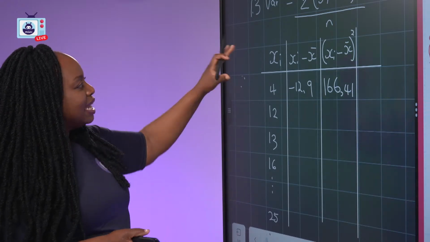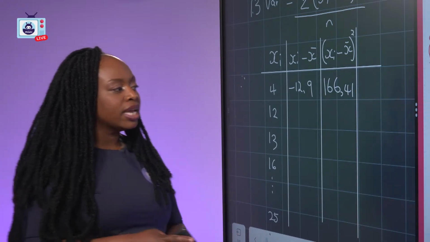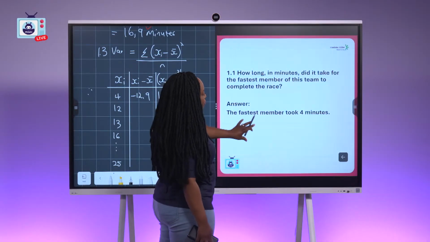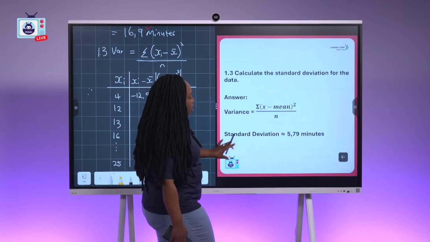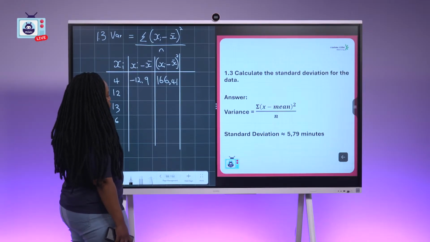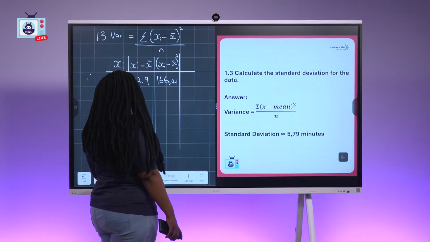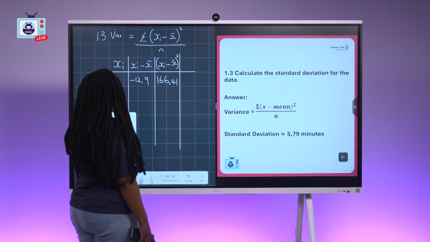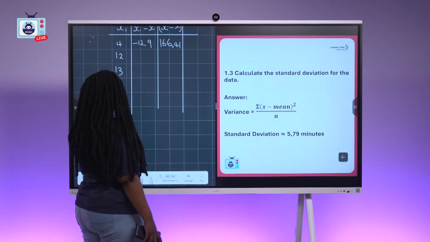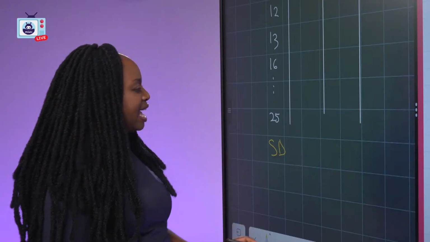But this is another way of doing it. The quicker way of doing this is for you to use your calculator. And if you use your calculator properly, then you're going to find the answer to be equals to 5,79. So that means that your standard deviation, which is what we're looking for, we can just write it as SD.